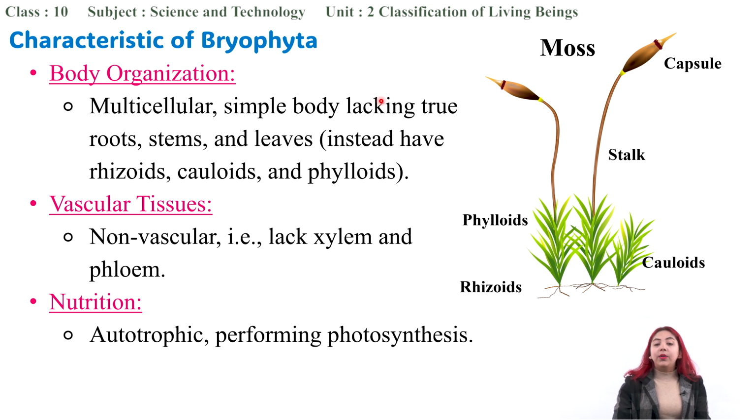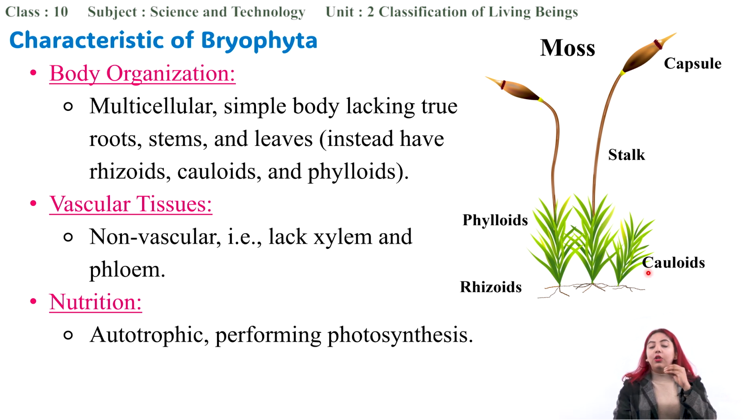They have a simple body lacking true root, stem and leaves. The organism has root, stem and leaf like structures, but they are not exactly root, stem and leaf. The structure that looks like a root but is not a true root is known as rhizoids.